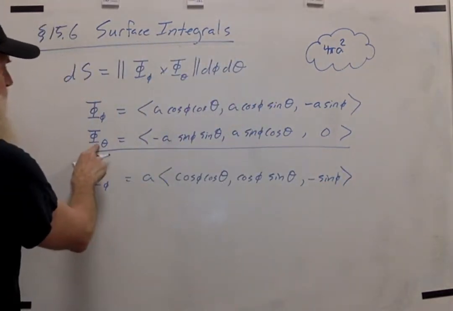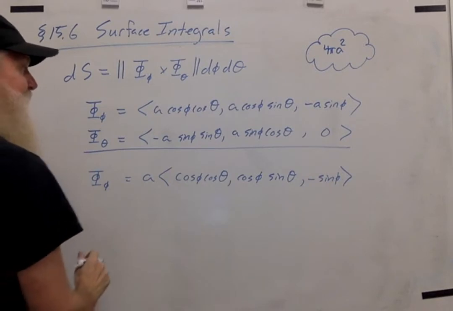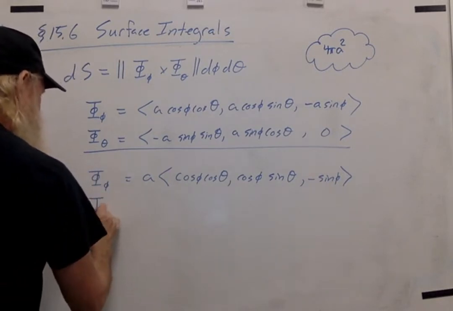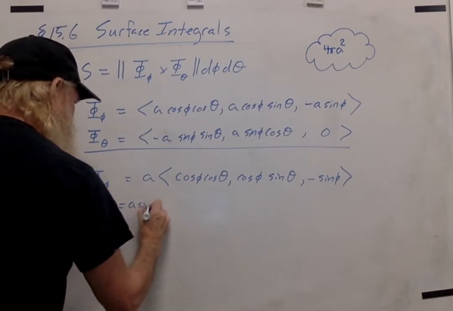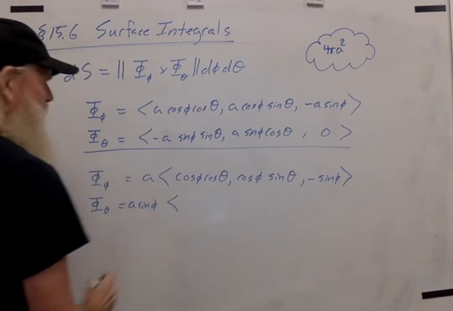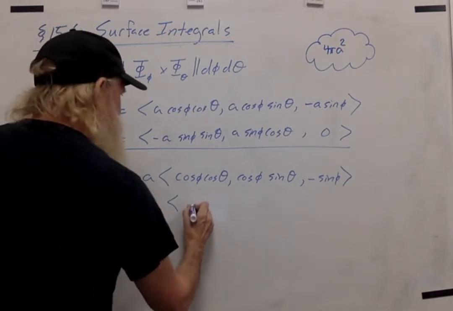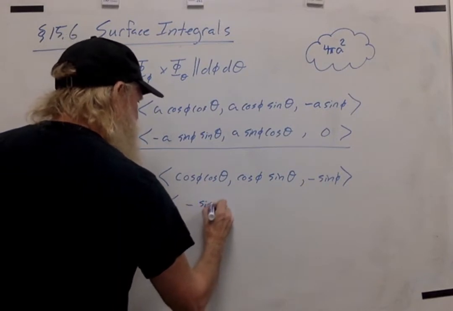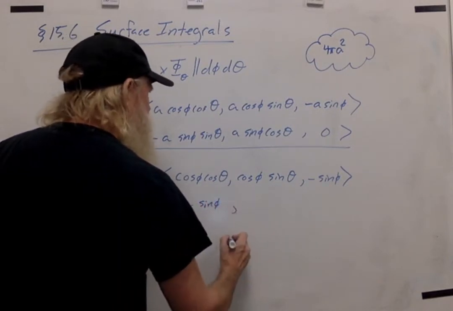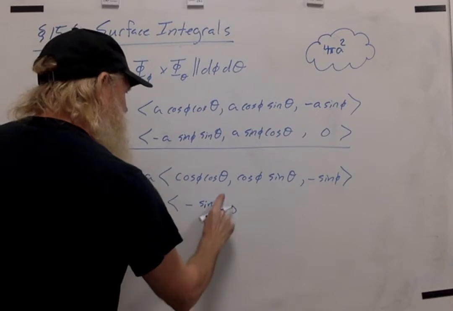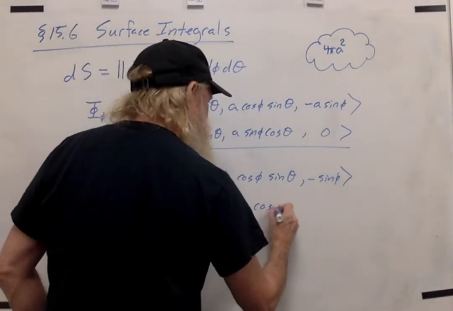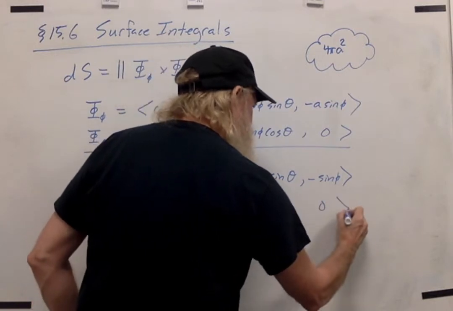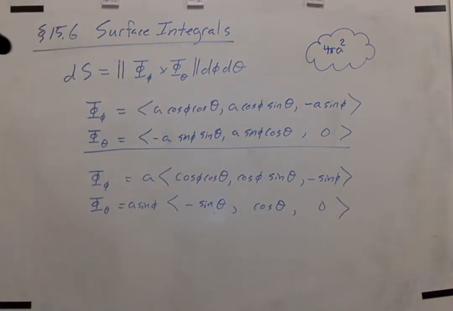But in the derivative with respect to theta, I can factor out an entire a sine phi. And what's left inside is just a negative sine theta, positive cosine theta, and 0.